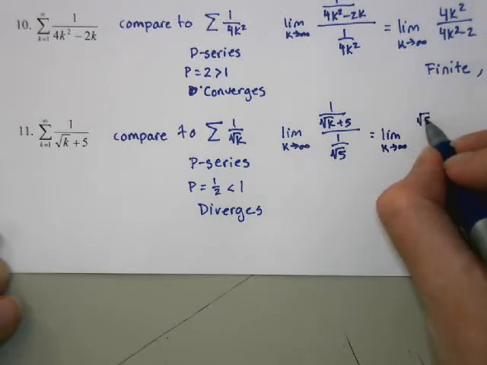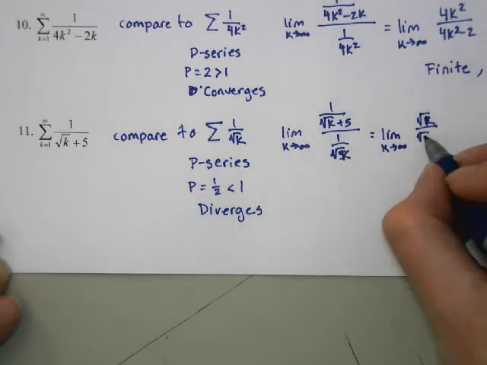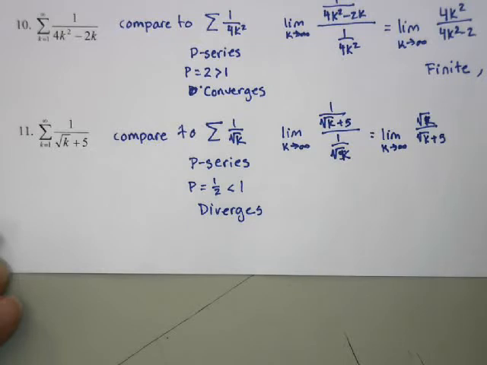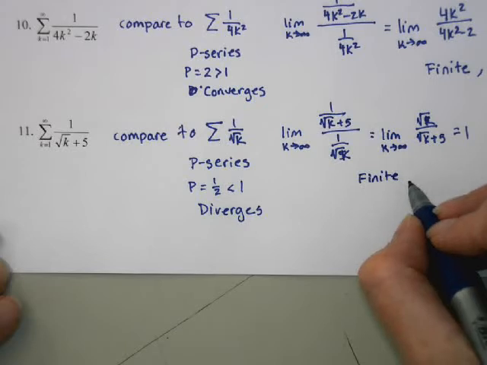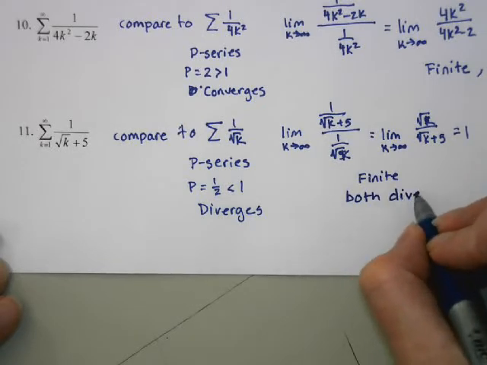So that's going to be root k over root k plus 5. Well, these have the same degree, so this is again going to be 1, which is finite, so they both diverge.